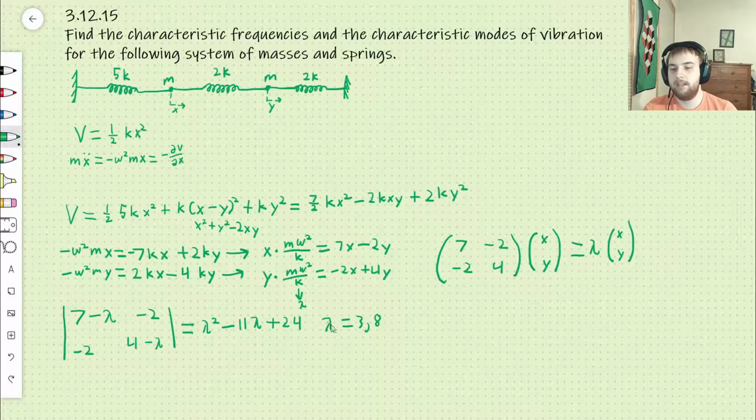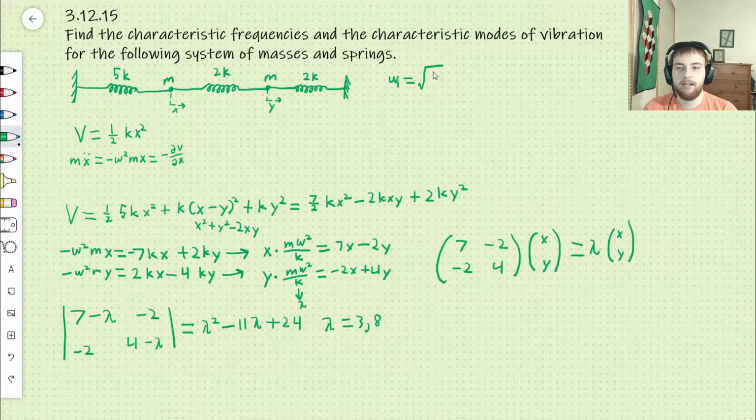Using this, we can now find out what our characteristic frequencies are, and I'll write this up here. If we rewrite the whole equation, since we have lambda equals that, we have to flip everything around and then take the square root.